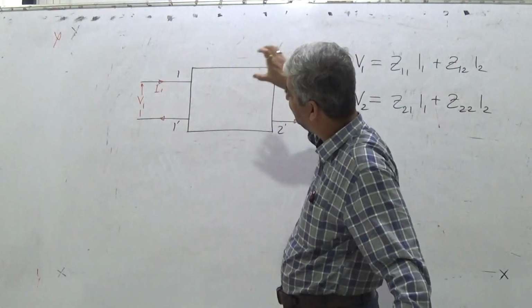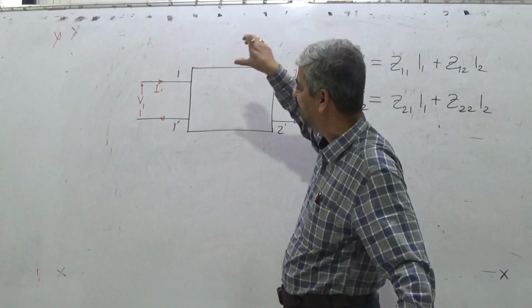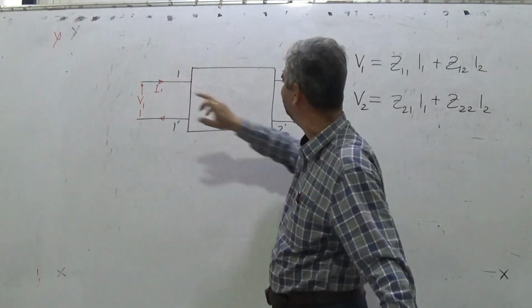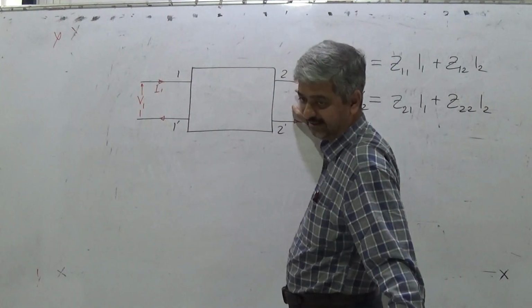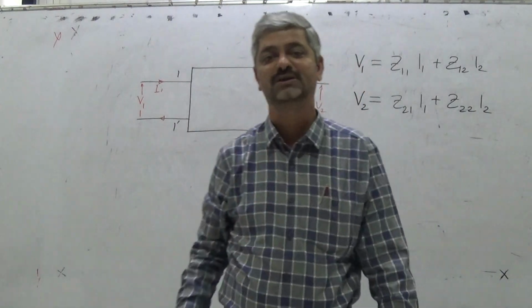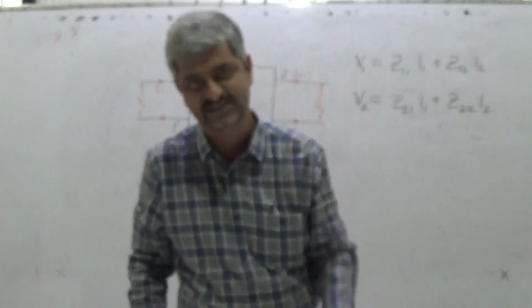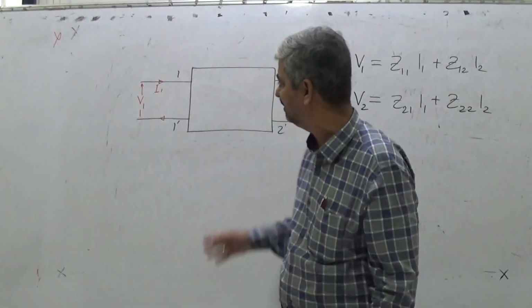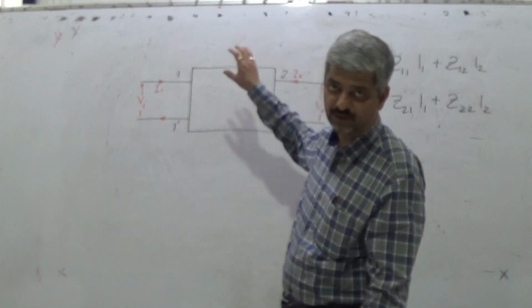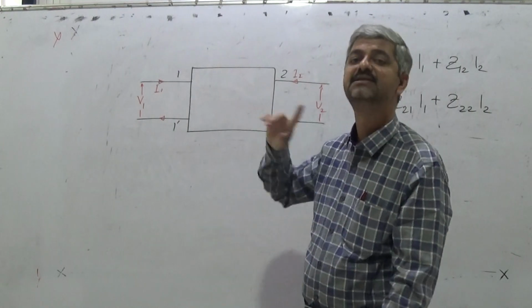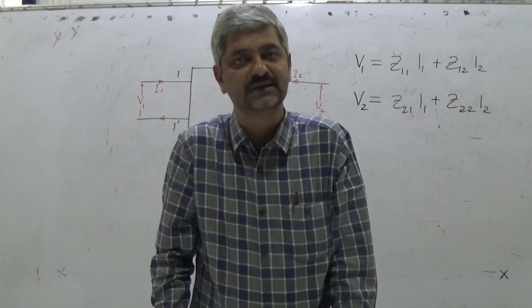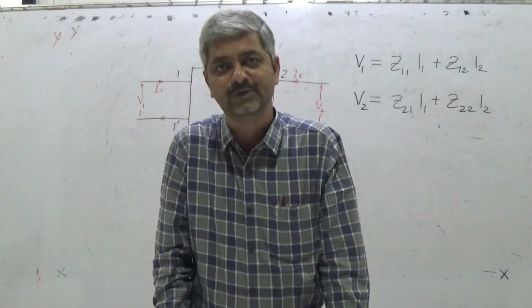If you connect something inside, that will also give rise to some voltage here, some current here, some voltage here, some current here. So if that gives rise to some voltage and some current, in that case also they will obey the same relationship. Even if you insert some voltage source inside, still that will give you the relationship between voltage and current at two ports.